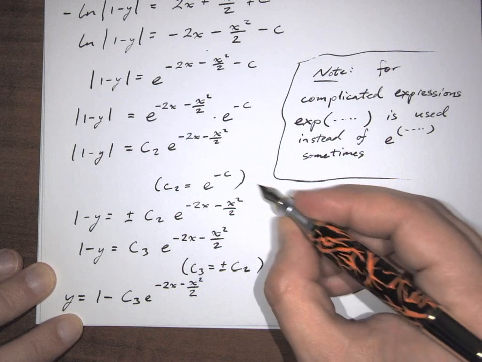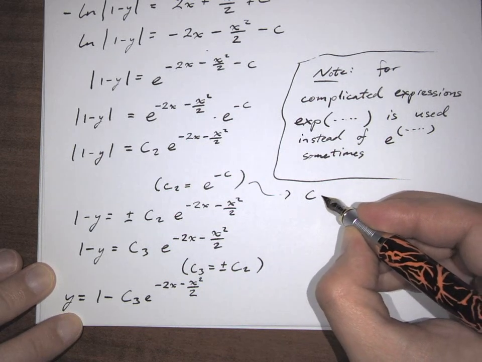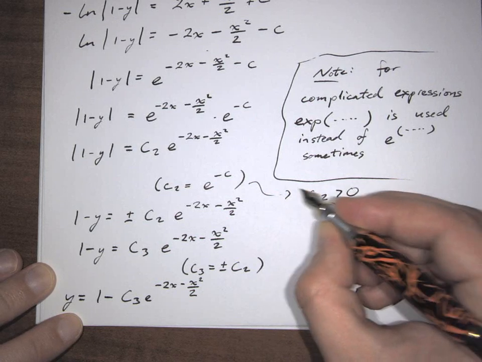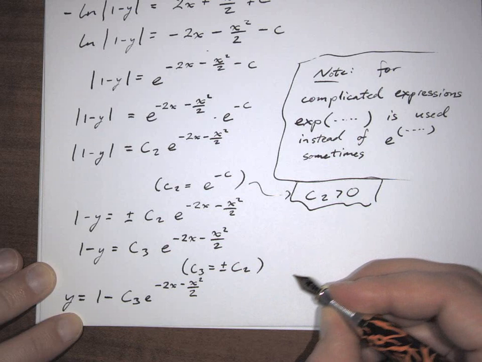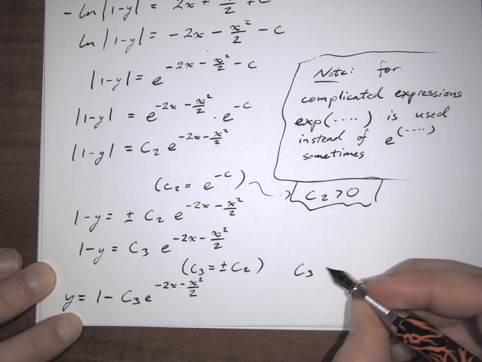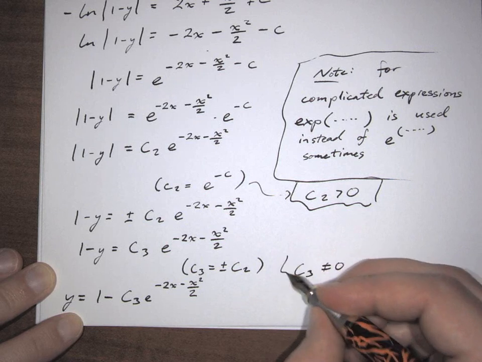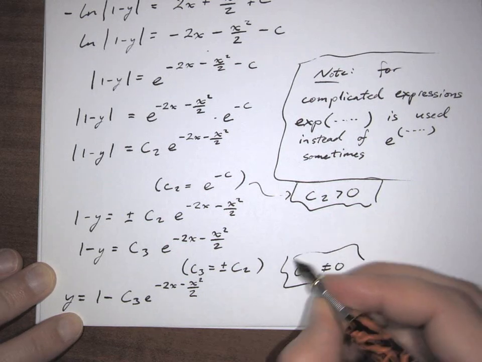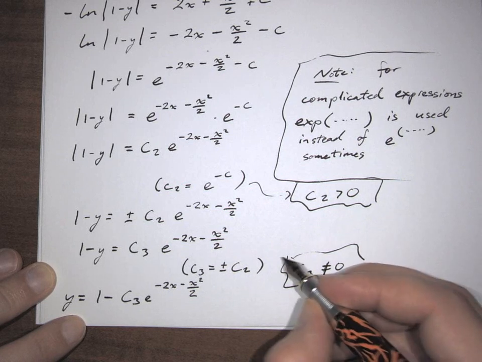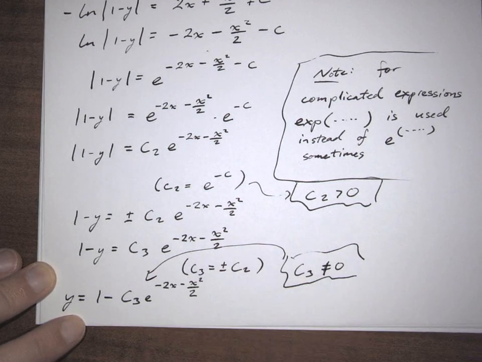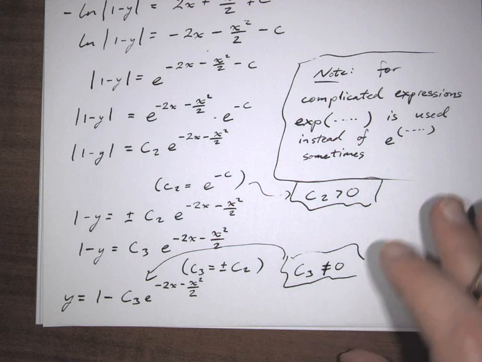And by the same token as before, this means that C2 is positive, and this means that C3 is just not equal to 0. Could be positive, could be negative, but according to this line of reasoning, we would not have gotten 0. Okay, so there's that.